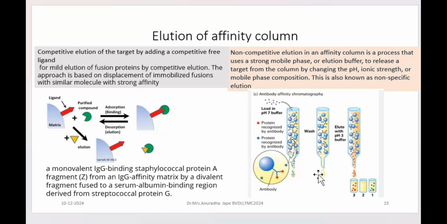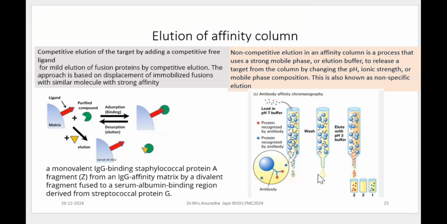For that purpose, you are going to use a mobile phase or elution buffer, which can be a gradient buffer system. For example, as we have discussed in earlier lectures, an isocratic system for elution and a gradient system for elution. Isocratic is where only one solvent is used, for example, one elution buffer with specific pH, ionic concentration and molarity as the mobile phase.